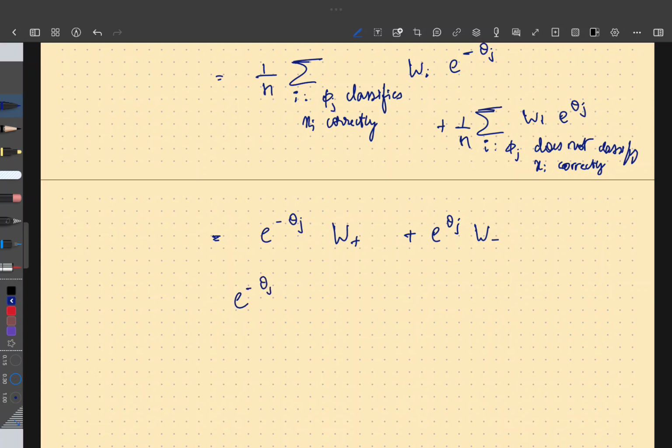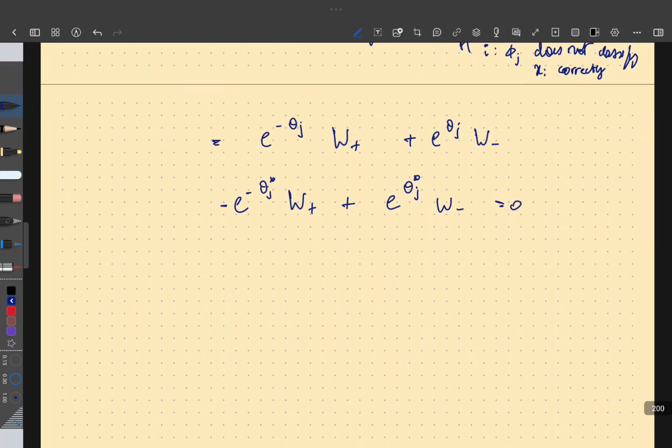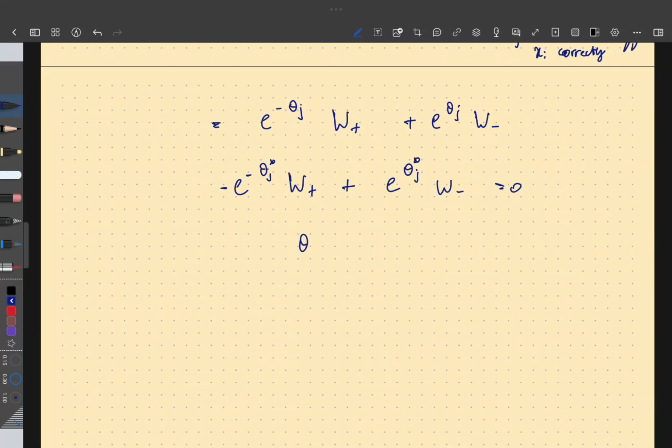So minus e to the power minus theta j star w plus plus e to the power plus theta j star w minus should be equal to 0, or theta j star is basically half log w plus by w minus. So this is going to be the update rule in every step, right?